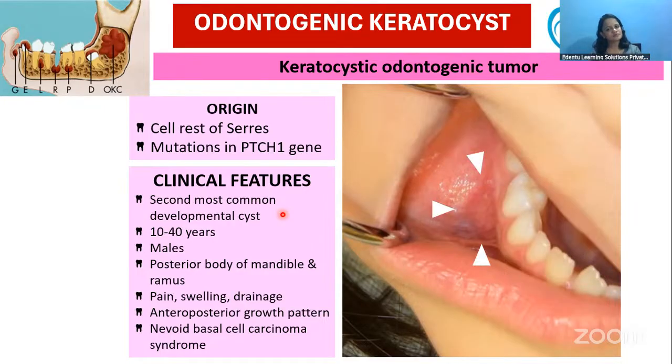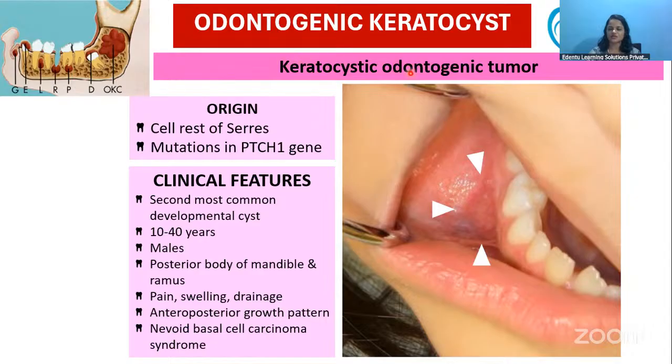Then they felt it should not be under the tumor category, and it is now included under the cyst category itself. It was earlier called keratocystic odontogenic tumor, but it is not included under the tumor category anymore. So this term is also discarded.